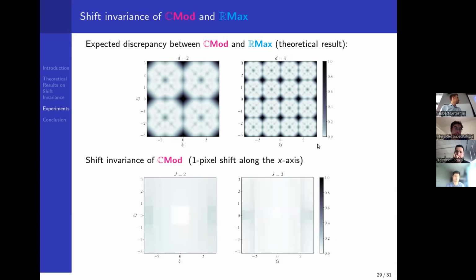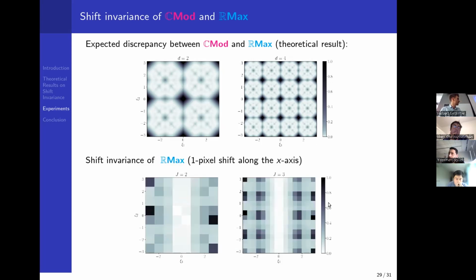First, let's consider the shift invariance of the CMOD operator. As expected, this operator is very stable with respect to small shifts. Regardless of the frequency, we have very high stability. However, when we look at the Rmax operator, we see that some filters are quite stable, but some others are unstable with respect to small shifts.